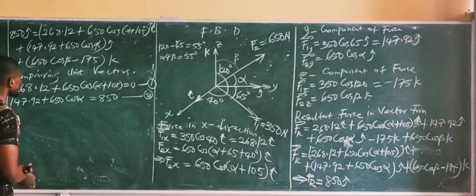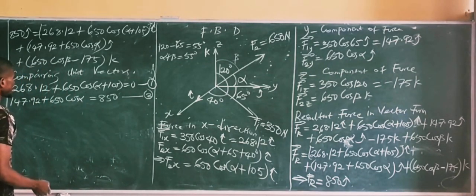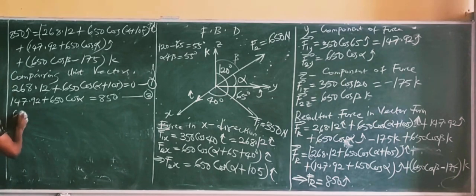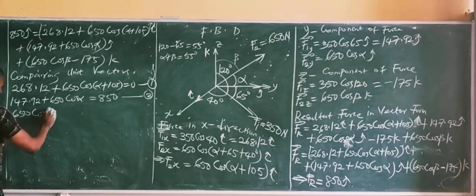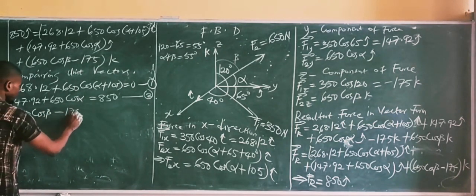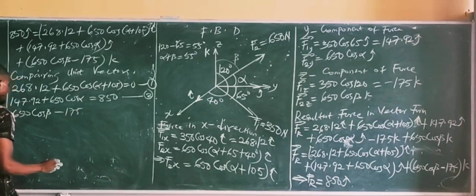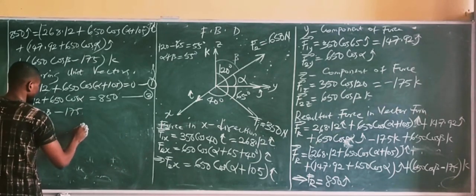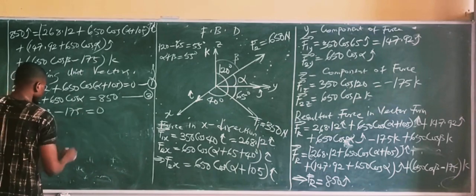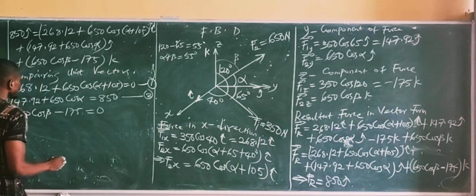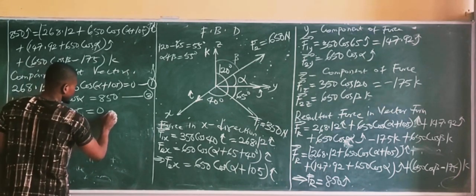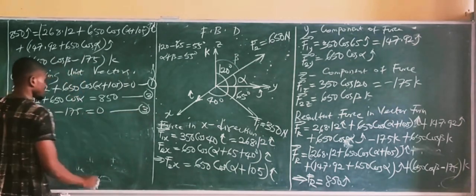Also, for the k direction, there is no k component on the left hand side of the equation, so the right hand side is equal to 0. So we have 650 cos beta minus 175 equal to 0. We call this equation 3.